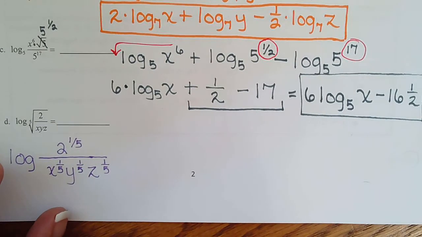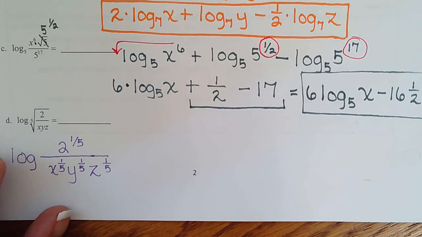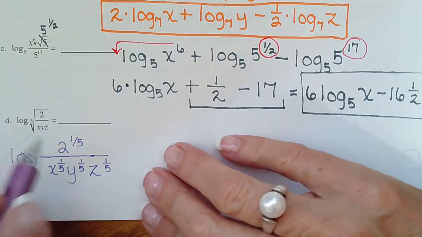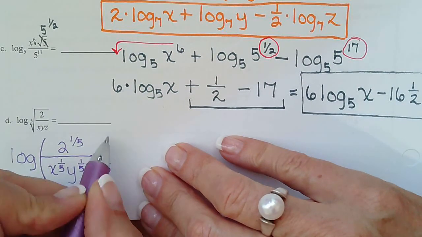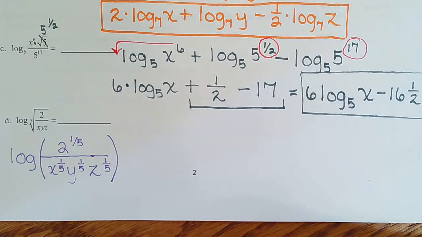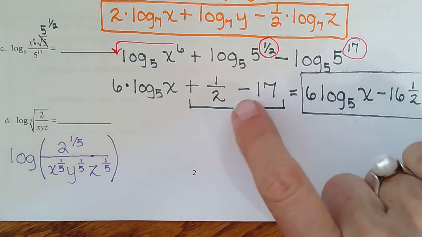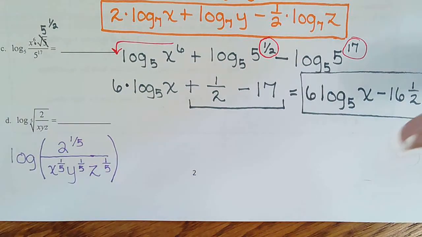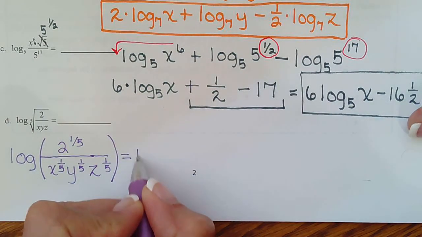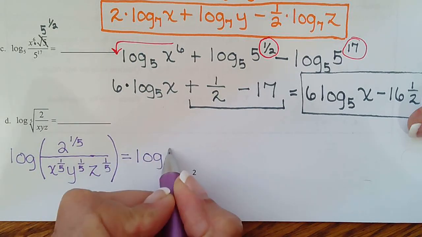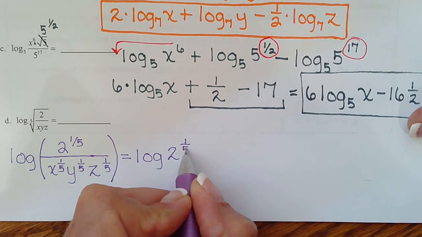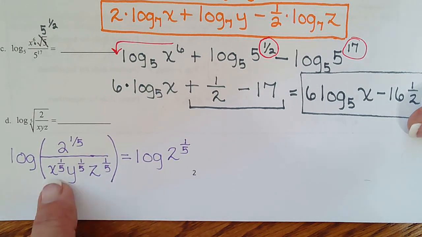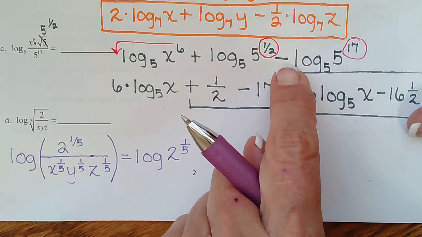So moral of the story, any factor that's in the denominator of the argument of a log, and this is really a busy log, it really needs a parenthesis, is a negative when you go to write it out and expand it. So this turns into log 2 to the 1/5, and these are all in the denominator, so they all need to be written separately, but they all need a negative sign in front.